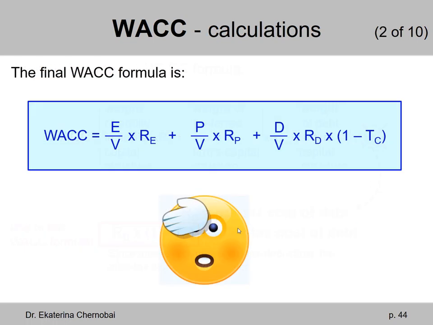Okay, so finally we are done with building the weighted average cost of capital formula. Let's review. Weighted average cost of capital equals the weight of equity, which is calculated by taking the market value of equity and dividing it by the market value of the firm, multiplied by the cost of equity, RE.